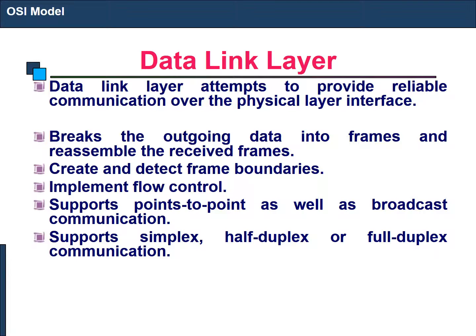and the receiver address will be switch MAC address, switch machine address, right? Now once the packet has reached the switch, now the packet is going to move from switch to the router. So the MAC address will change. The sender's MAC address will be the switch address, and the receiver's MAC address will be the router's address. So this is the work of the data link layer, right?